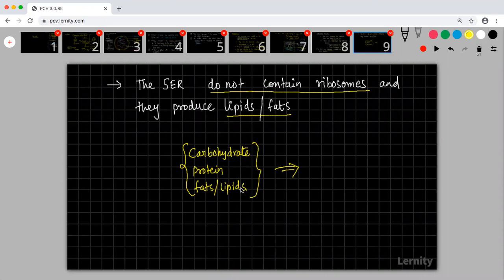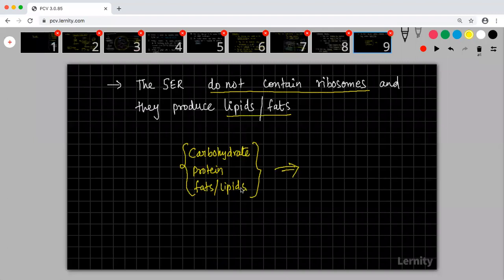While rebuilding, who is responsible for rebuilding the proteins, fats or lipids? Cells. Which part of the cell will produce fat?